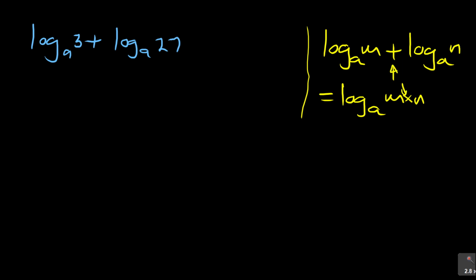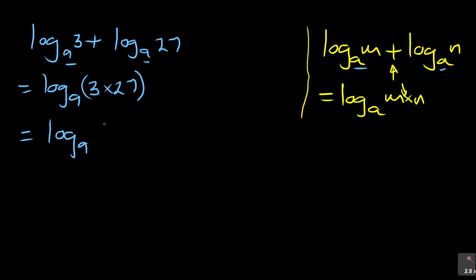Same thing here: log base 9, we had the same base, so you say 3 times 27. Are you seeing that? Can put a bracket if you want, but what is 3 times 27? Log base 9 of 81.